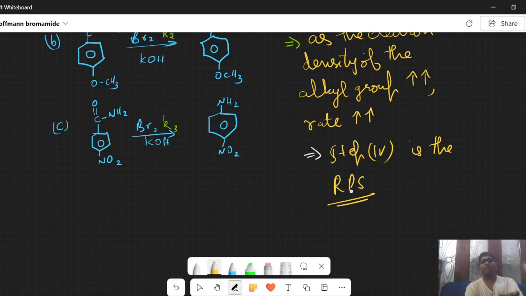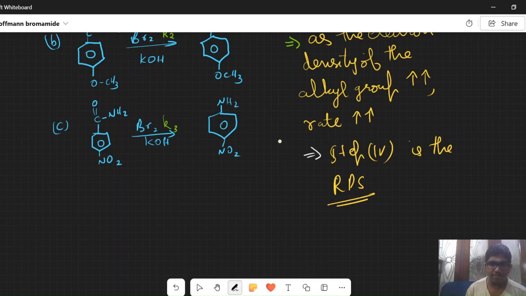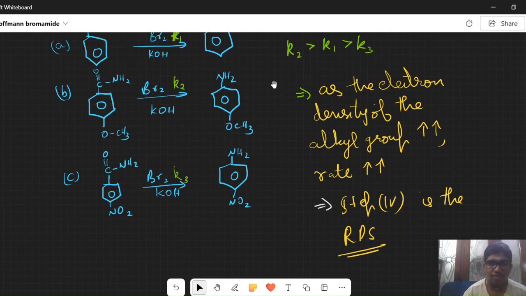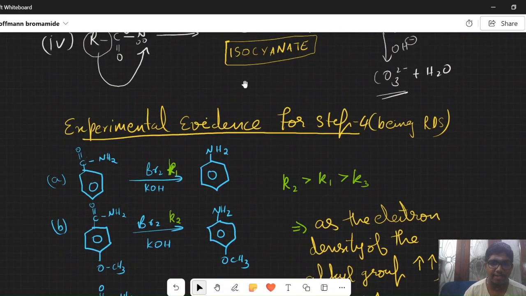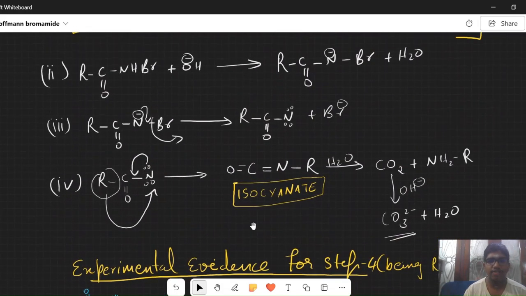Now again a problem arose, because if step 3 is not the rate determining step, then a few products are possible. I'll show you. Let me move to step 3 once again. I'll show you here the nitrene formed.